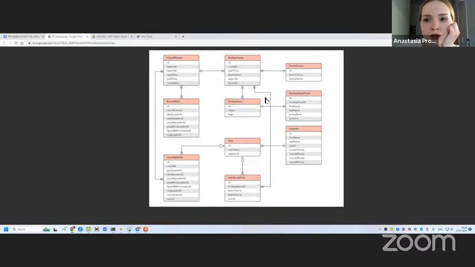Hockey game ID, I think. Hockey game ID is not missed because we have it in the hockey game table. Hockey team has the ID, primary key. Okay. Hockey team ID is missed, I guess.